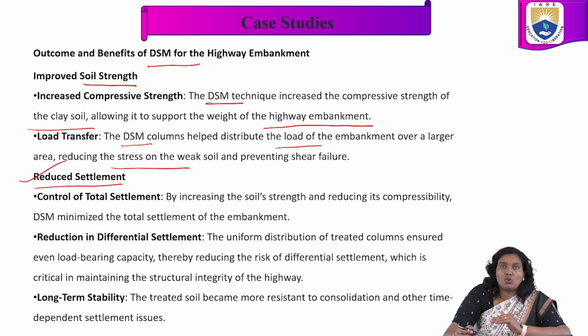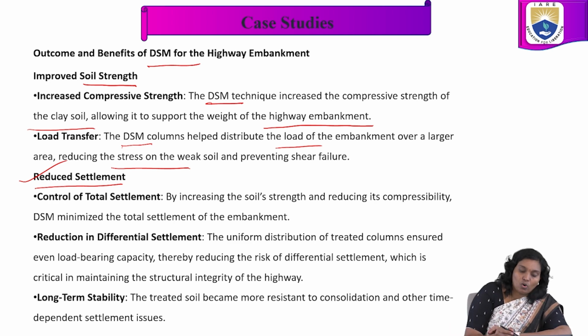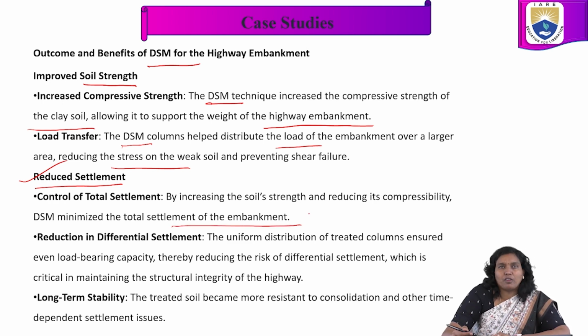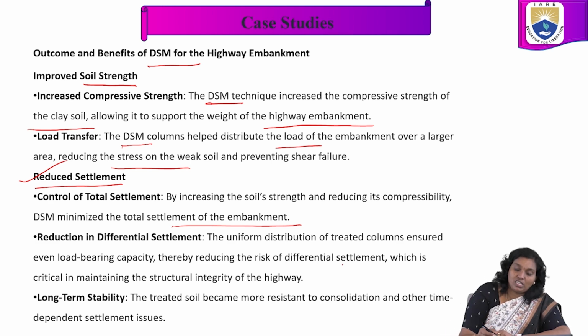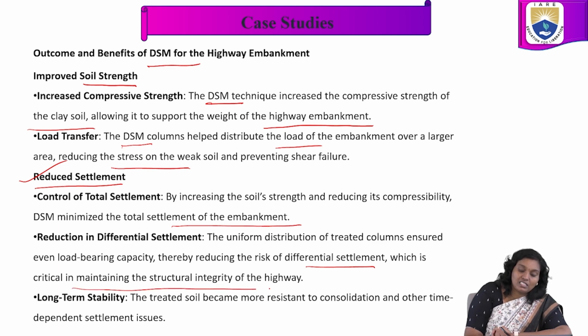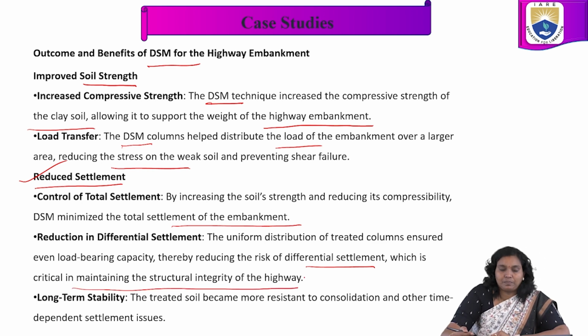By increasing the soil strength and reducing its compressibility, deep soil mixing minimized the total settlement of the embankment. And for reduction in differential settlement, the uniform distribution of treated columns ensured even load bearing capacity, thereby reducing the risk of differential settlement, which is critical in maintaining the structural integrity of the highway.